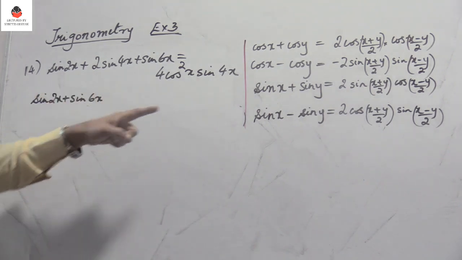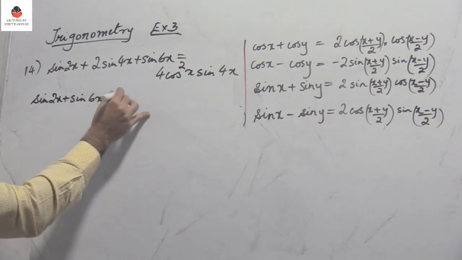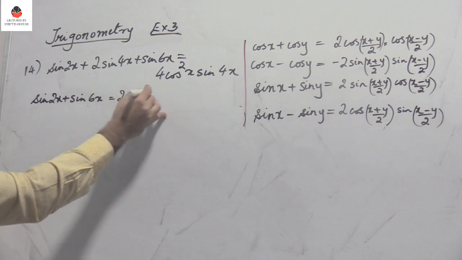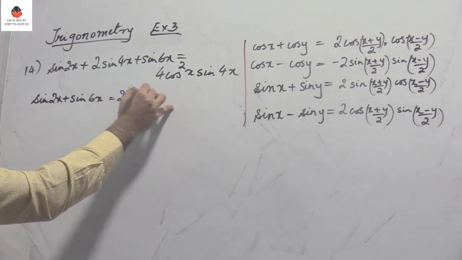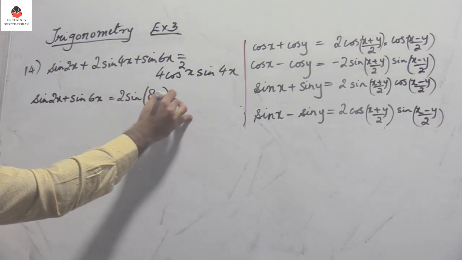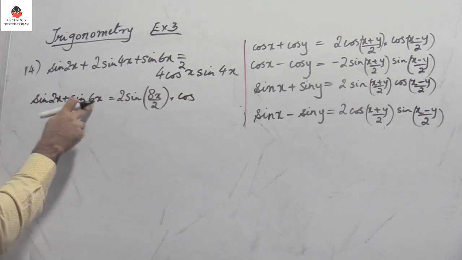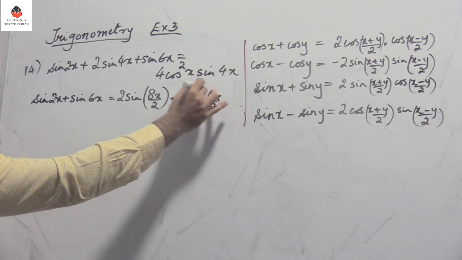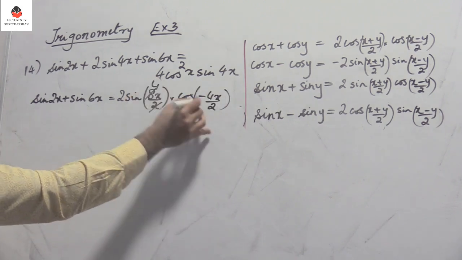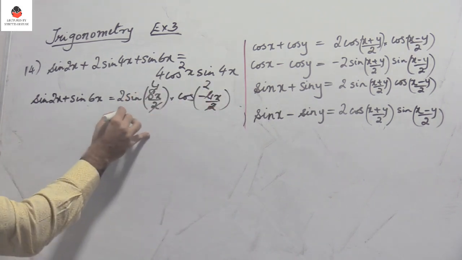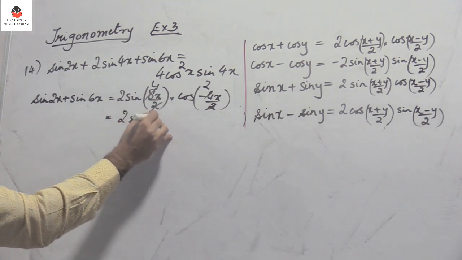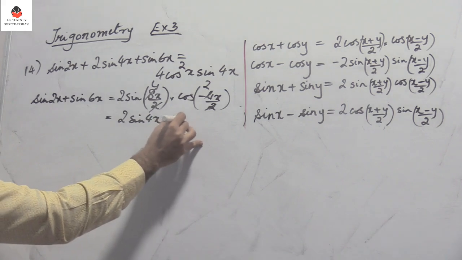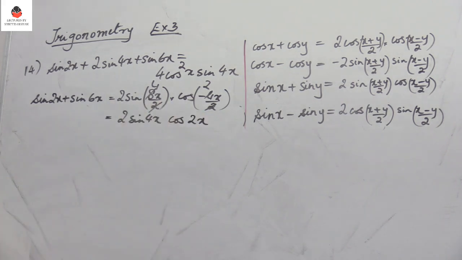So I use the third formula here, which is 2 sine x plus y by 2, 8x by 2, into cos 2x minus 6x, which is minus 4x by 2. So the 4s and 2s. So this is 2 sine 4x. Cos of minus theta is cos theta, so I write this as cos 2x.